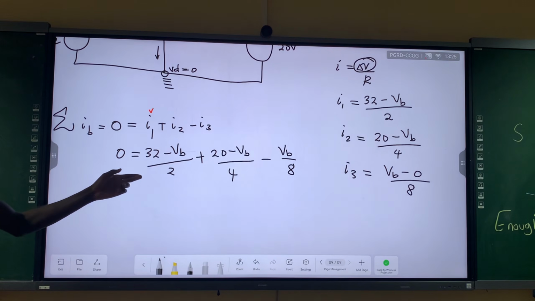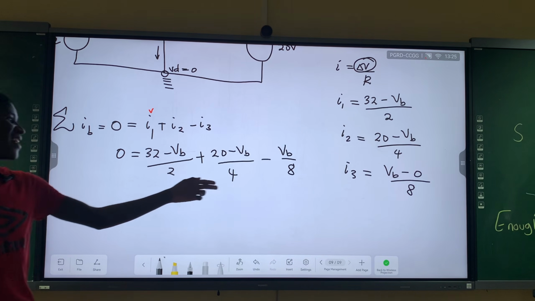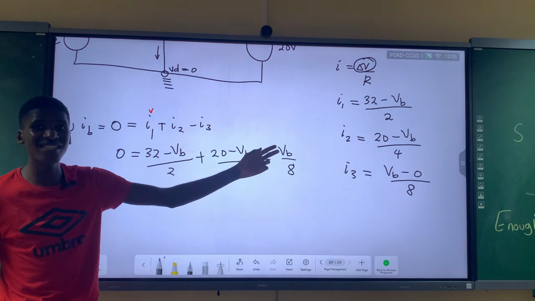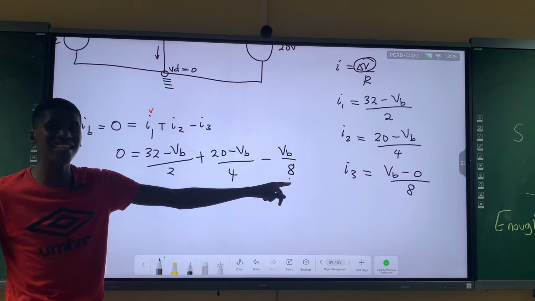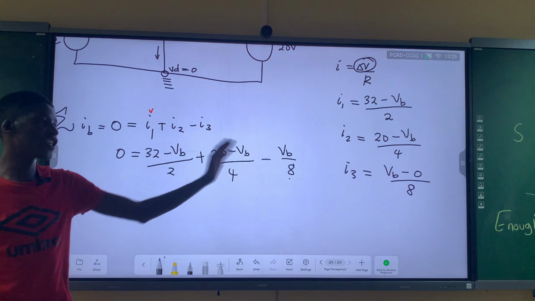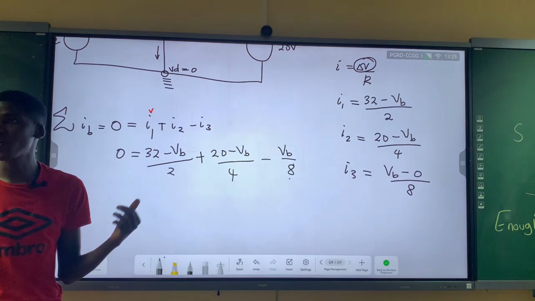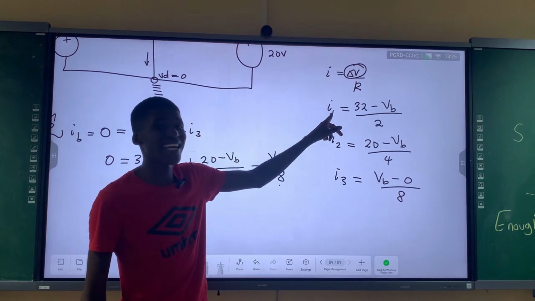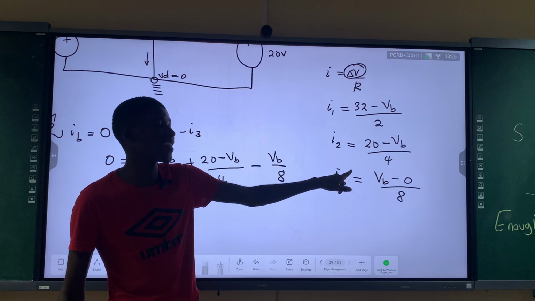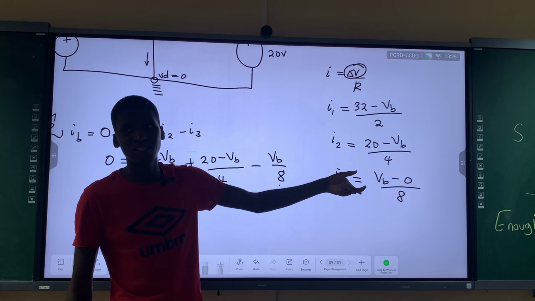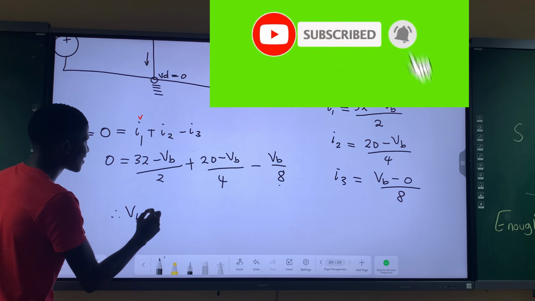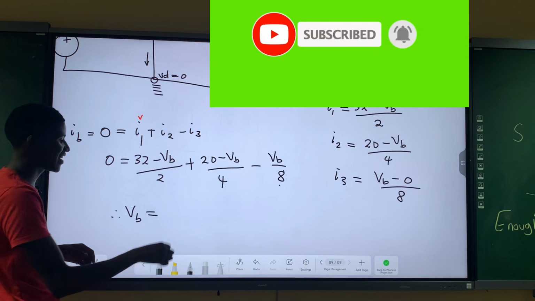When the maths is basic, the lowest common denominator is 8. Then again, when you solve the expression for Vp, it's only one unknown. Once you get Vp, it means you can get current I1, I2, or I3. Let me just give you the answer, as you can use a calculator next time.